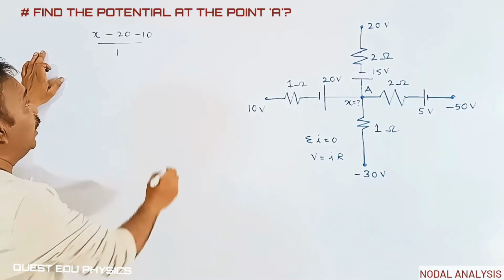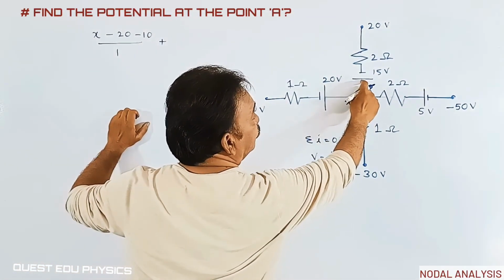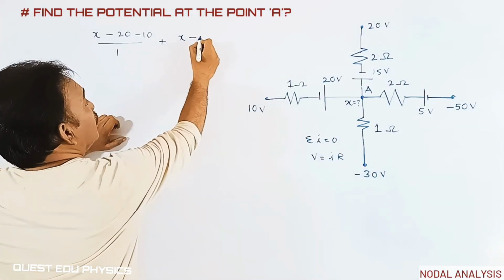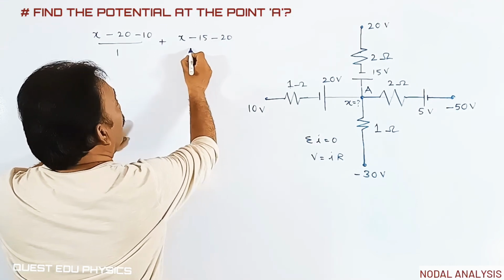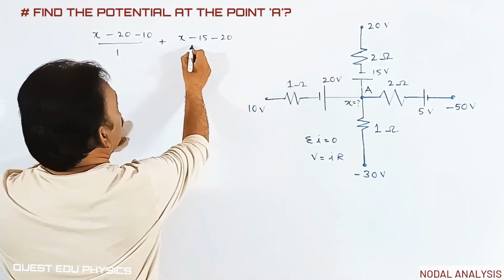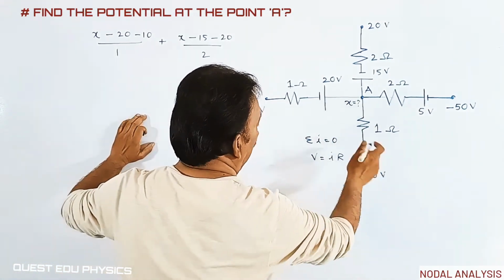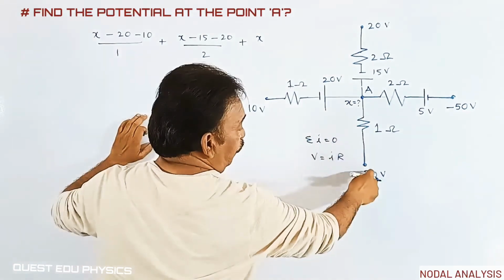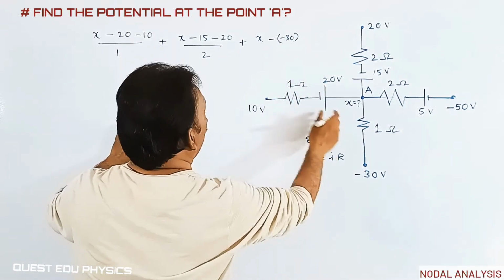Okay, similarly, moving from plus to minus, X minus 15 minus 20, by resistance 2. Okay, students, then come to here. X minus 30 by 1.